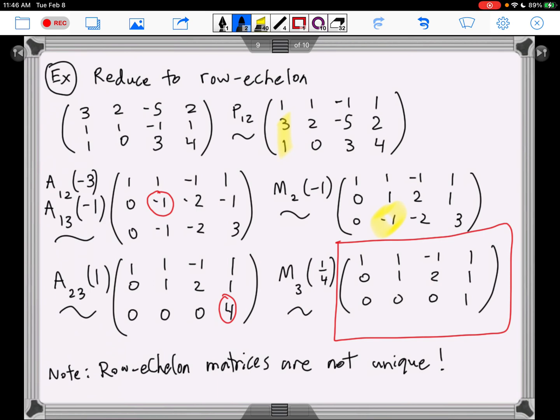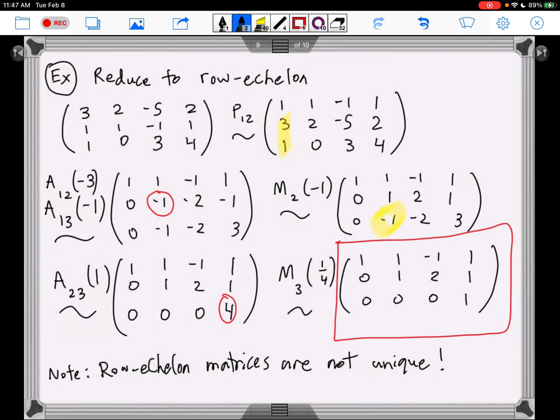It's possible that if you had done this problem using a different order of things, maybe you started with switching row 1 and row 3 instead of row 1 and row 2. That would still have put a 1 up there, right? So your answer at the end would look different than my answer. Your answer would not be the same matrix as my answer, and that's okay.